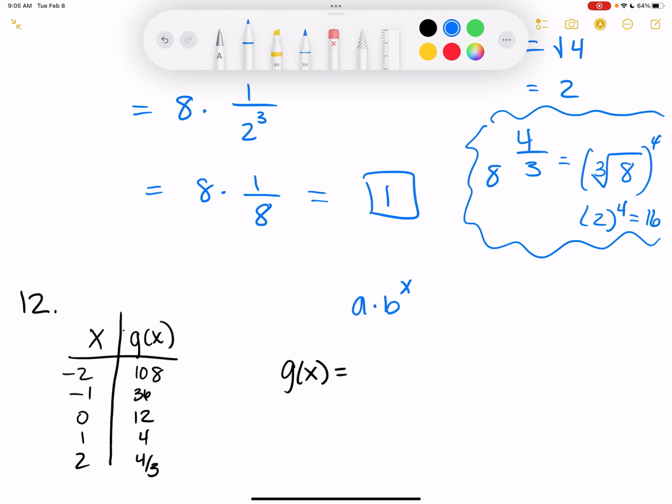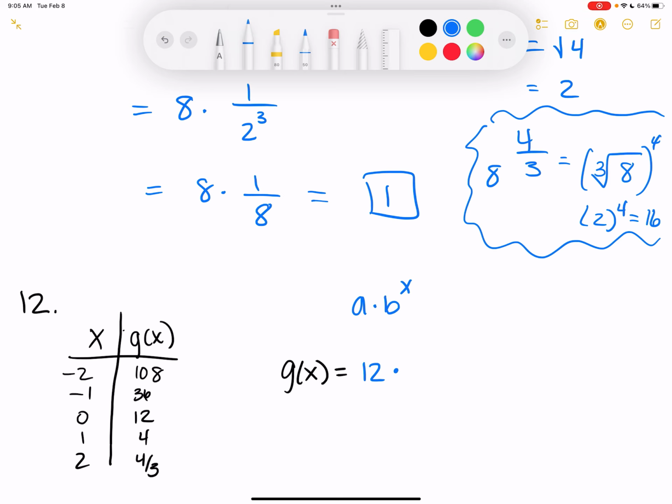So what is it when x is equal to 0? 12. Times. Now I have to figure out when I raise x to the 1st power, how do I get from 12 to that number? 12 times what gives me 4?